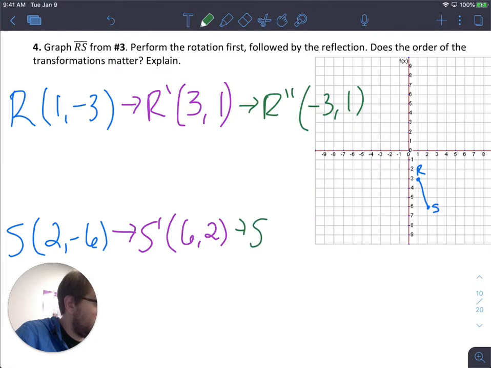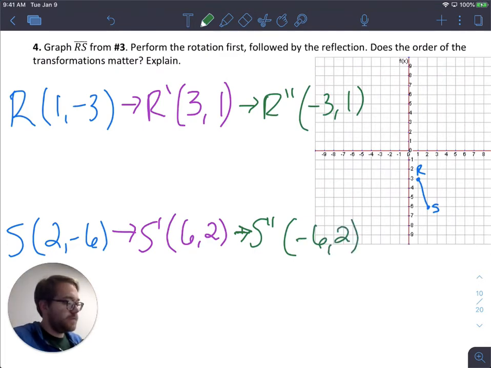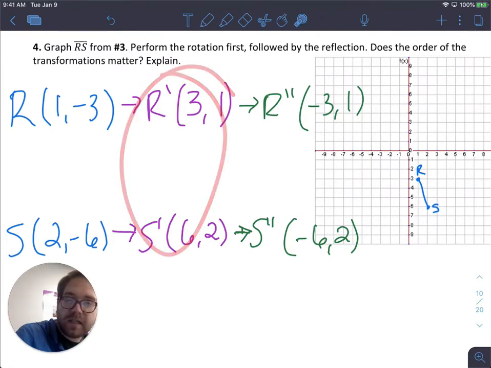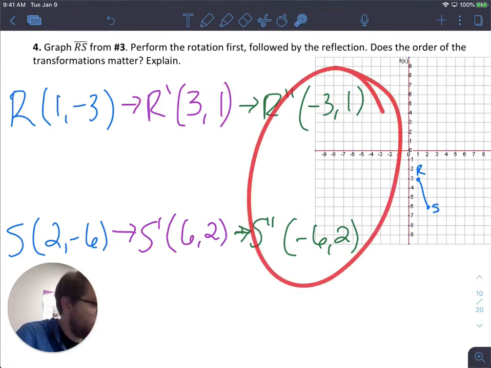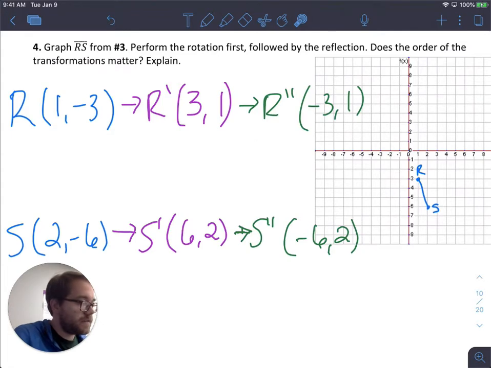And S double prime would be -6, +2. So we've rotated it 90 degrees, and now we've reflected it across the y-axis.